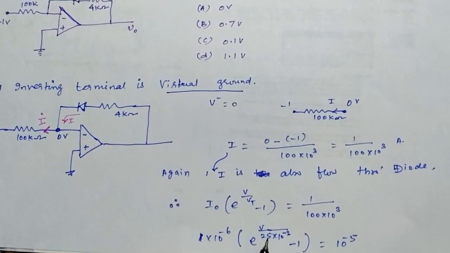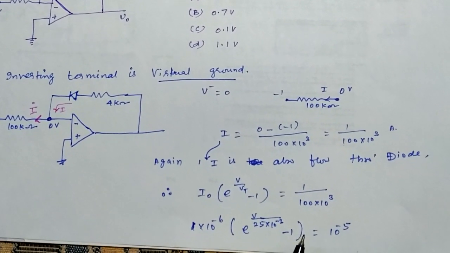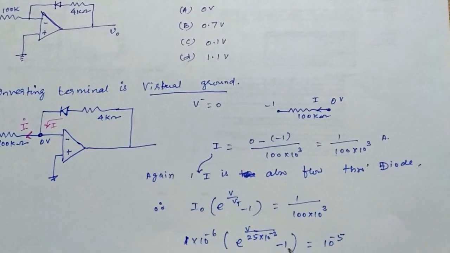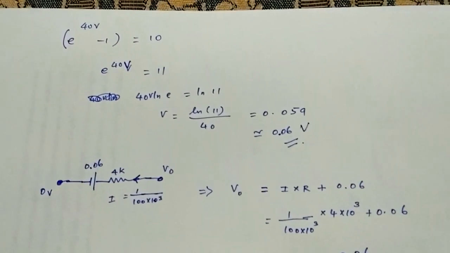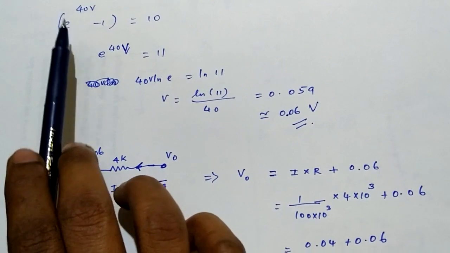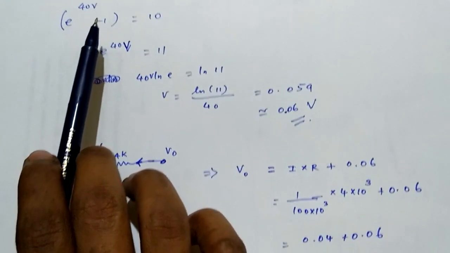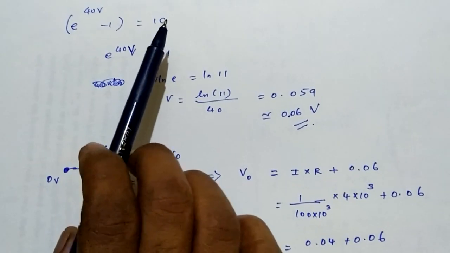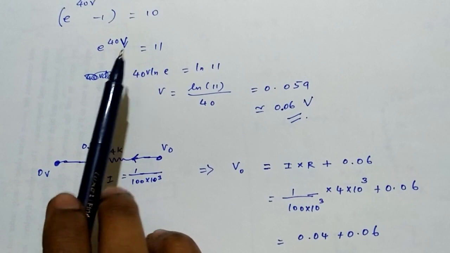And VT is given as 25 millivolt, 25 into 10 power minus 3. So when we simplify this, inside the bracket we have e power 40 V minus 1 equal to 10, so e power 40 V is equal to 11.